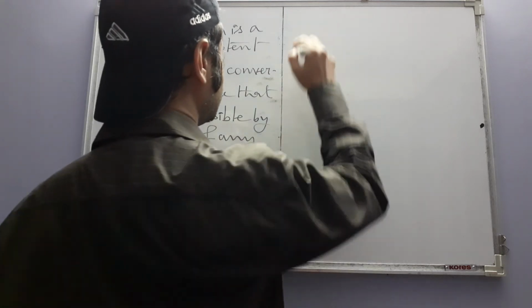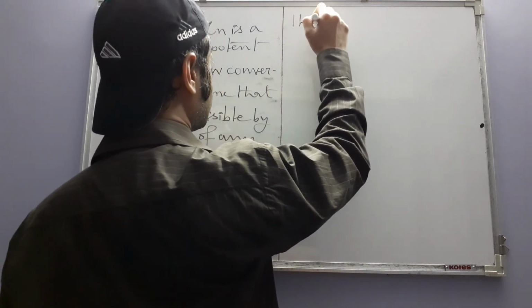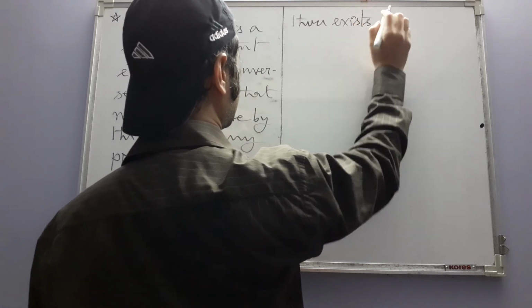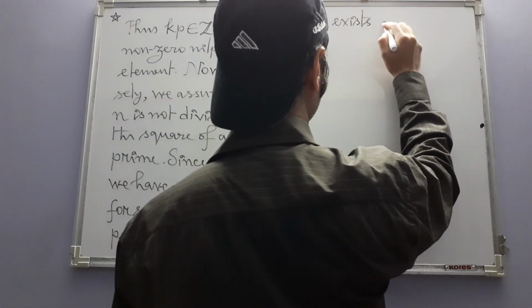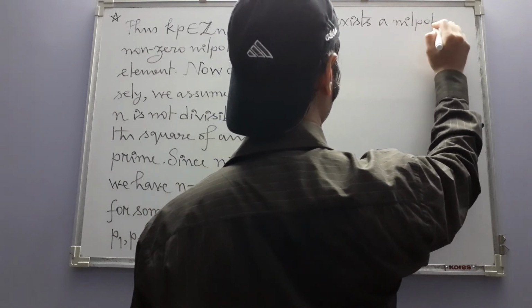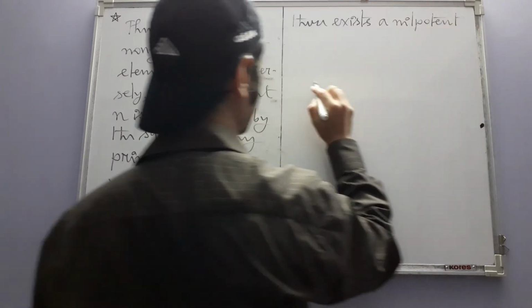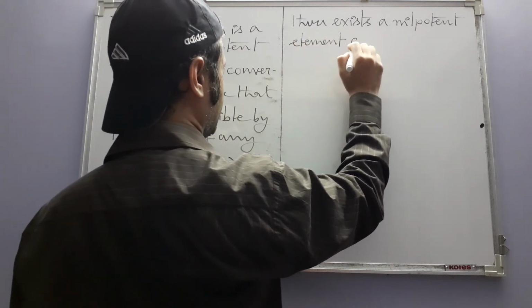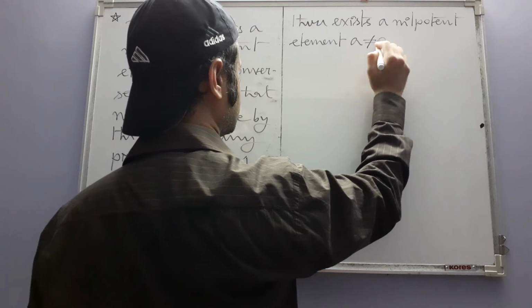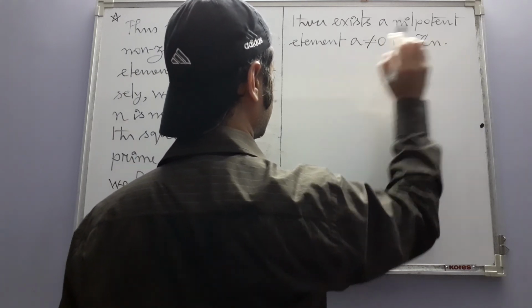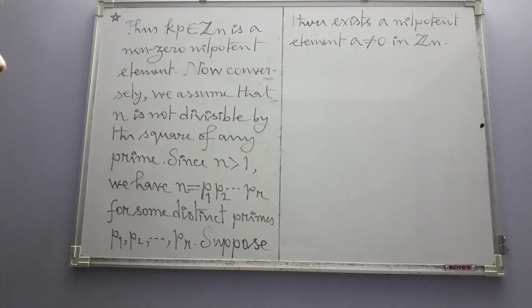Now suppose there exists a nilpotent element a not equal to 0 in Zn.